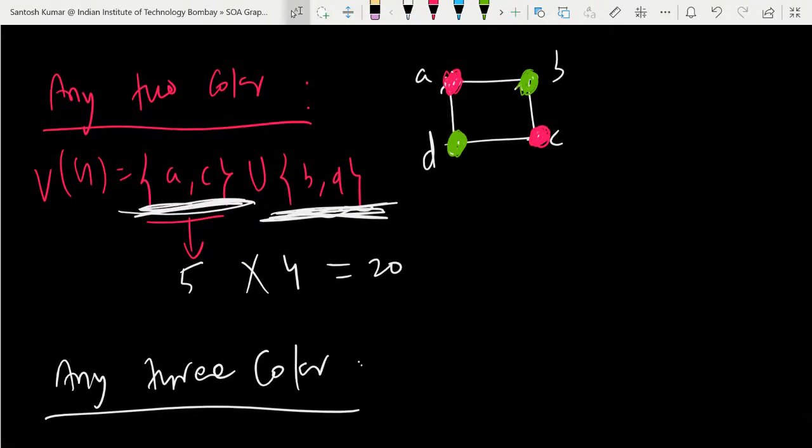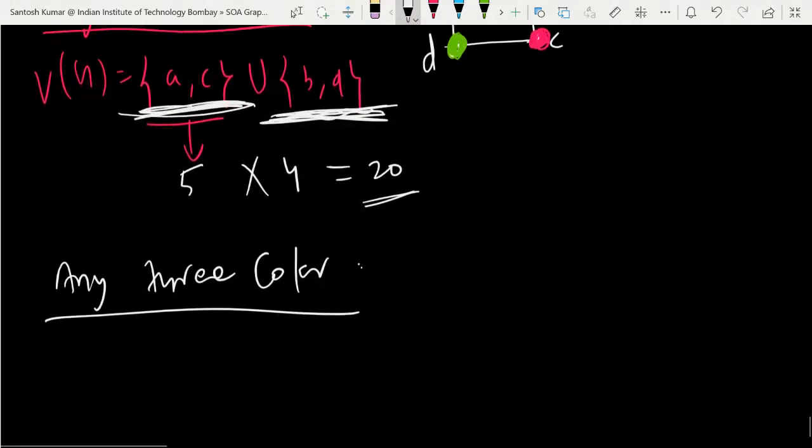You have 5 colors, one color used, and you cannot use the same color at B because A and B are adjacent. So you have 4 colors left. So 5 fours are 20 different proper colorings you can produce using exactly 2 colors.